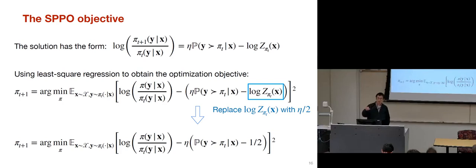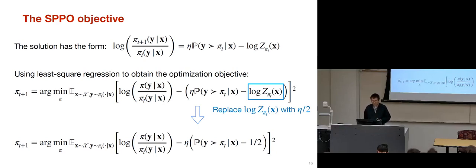You can see that the left-hand side is just the log density ratio between the policy pi t plus 1 and pi t. On the right-hand side is eta, the step size, times the comparison probability, minus the log partition function. Given pi t, we want to find pi t plus 1 such that this equation is satisfied.